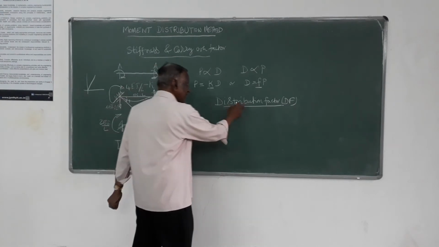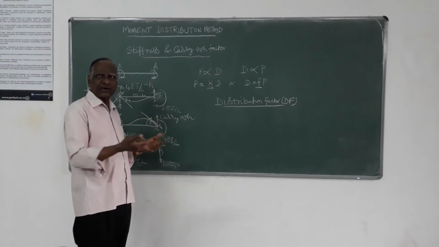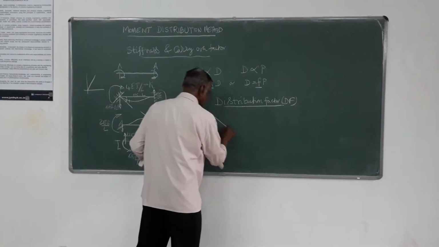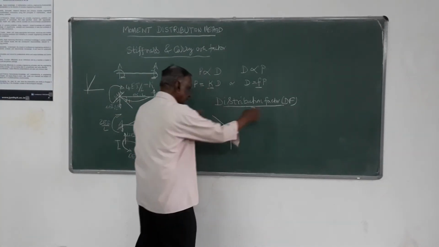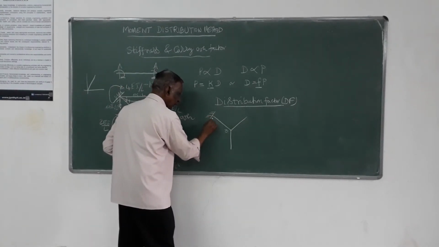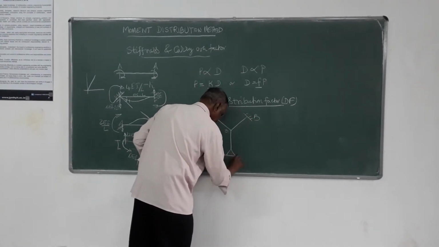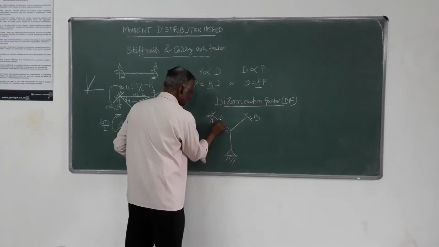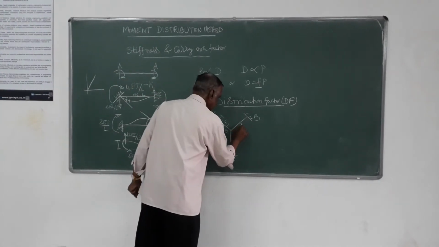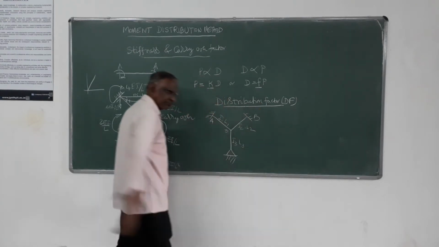This distribution comes into the picture when a particular joint has more than one member. Suppose you consider a joint wherein three members are meeting: one is the OA member, another the OB member, another the OC member, having moment of inertia I1, length L1, I2, L2, I3, L3.